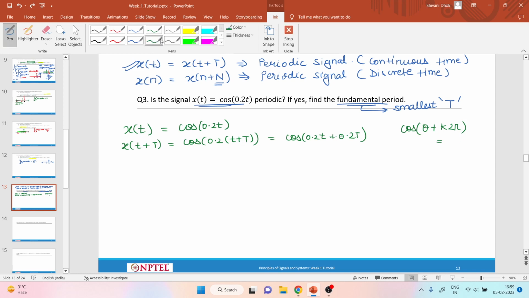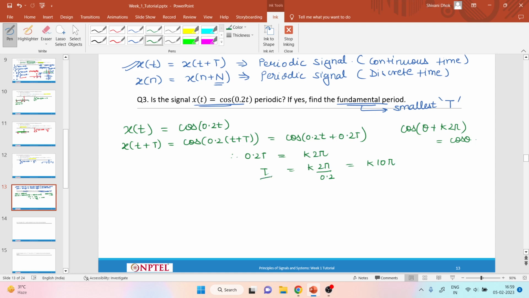Therefore, this value 0.2 T should be equal to some integer multiple of 2 pi. Therefore, my T is equal to k 2 pi by 0.2, that is k 10 pi.